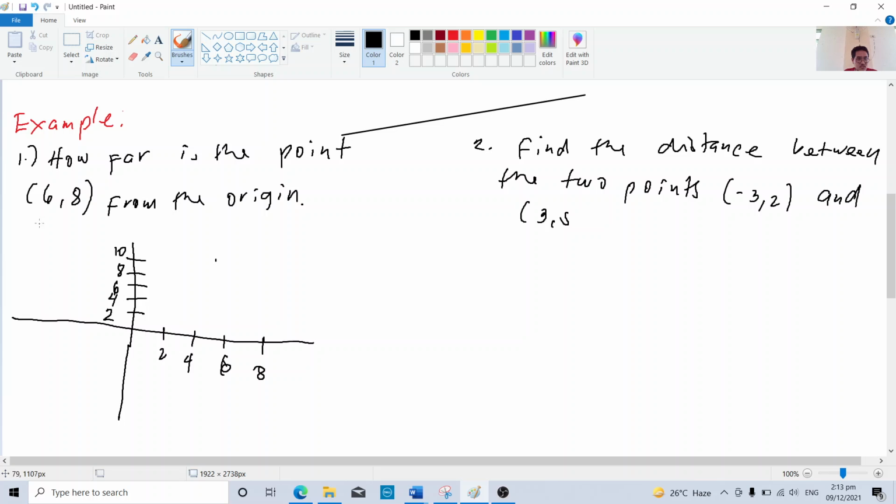I-plot natin yung 6 and 8. 6 and 8, andito siya. Ito yung point natin na (6, 8).